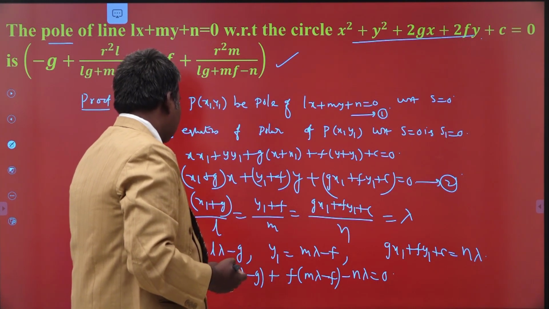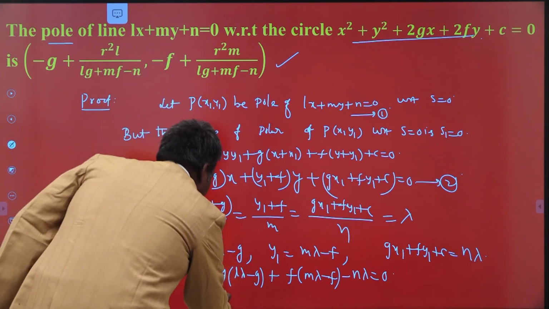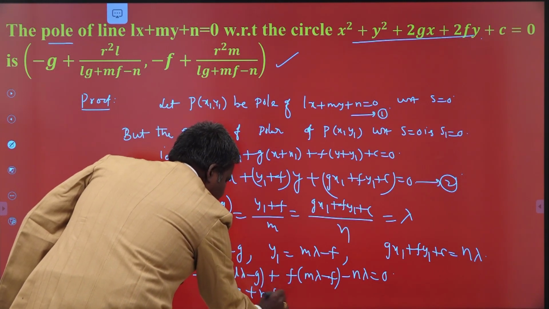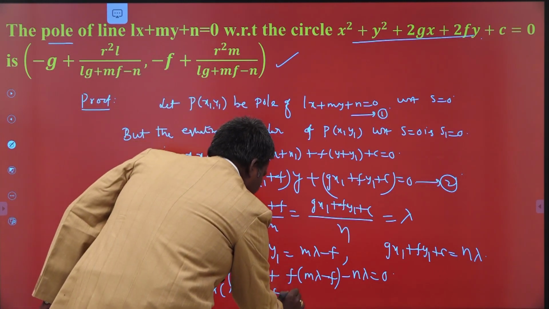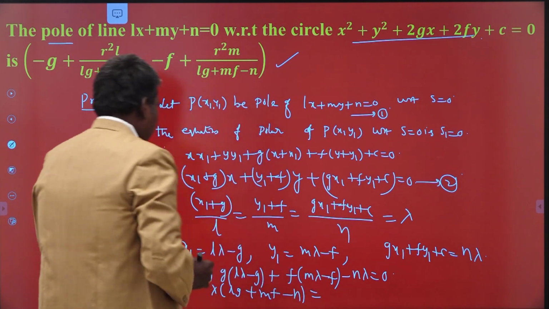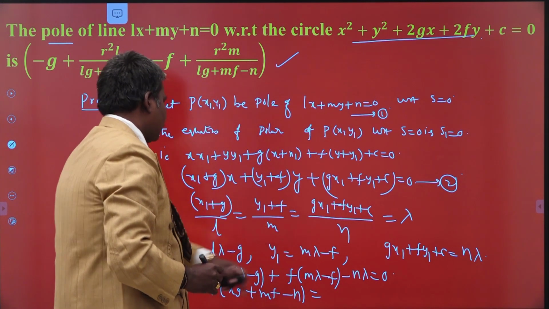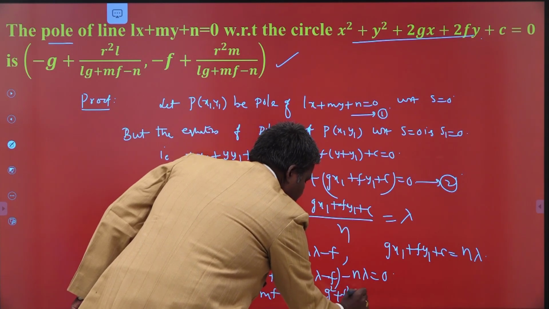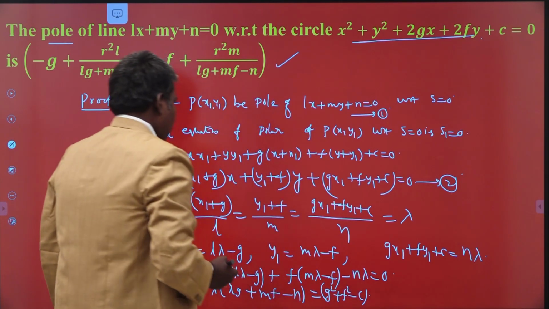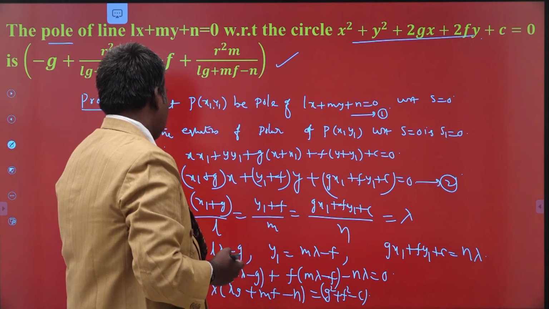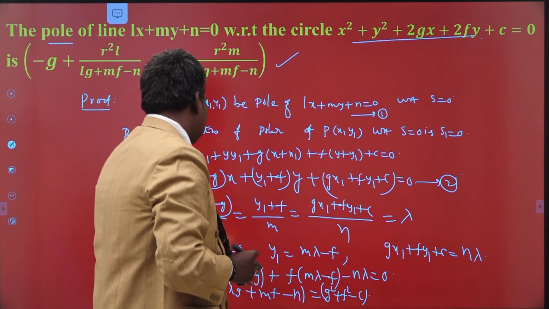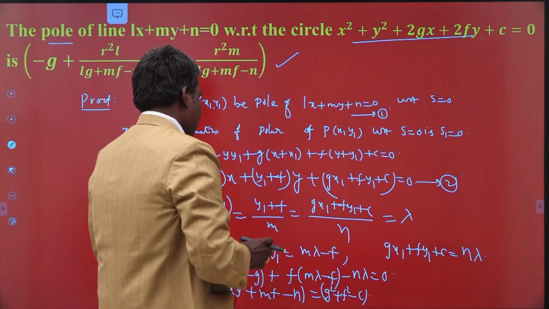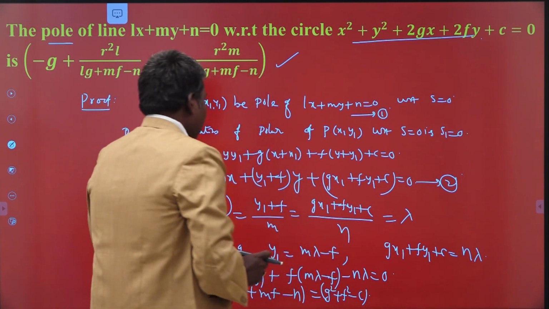See here, lambda times of (Lg plus mf minus n) is equal to minus g square, coming to the right side. What happened? g square plus f square minus c. g square plus f square minus c is r square. Here Lg plus mf minus n.